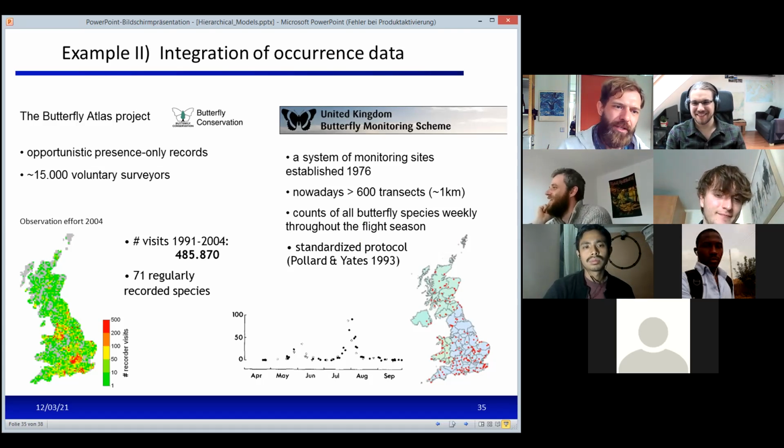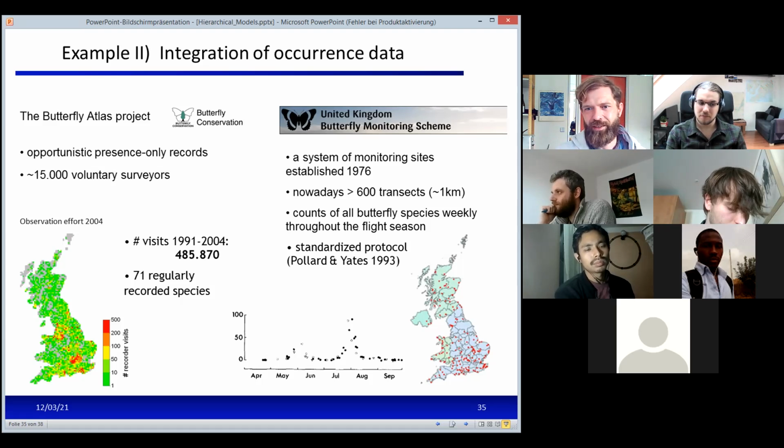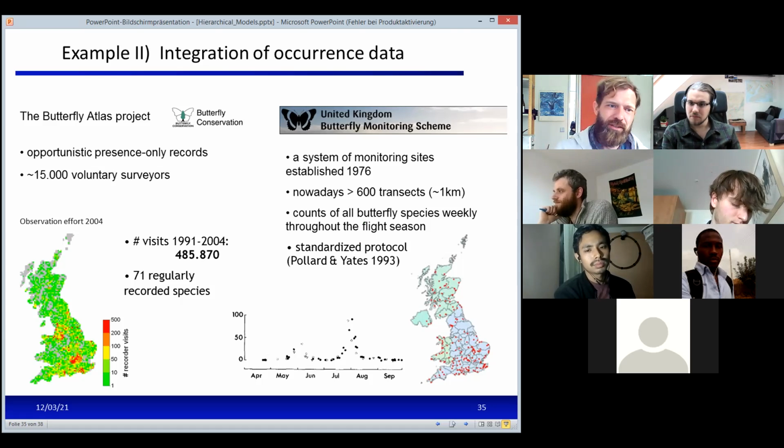There are ways to relax this assumption, and for example, people are also using the length of the species list as a proxy for sampling effort. If you get a species list with 20 species, but your focus species is missing, then you take this as a stronger sign of absence than a species list that only records 2 species, and so forth.